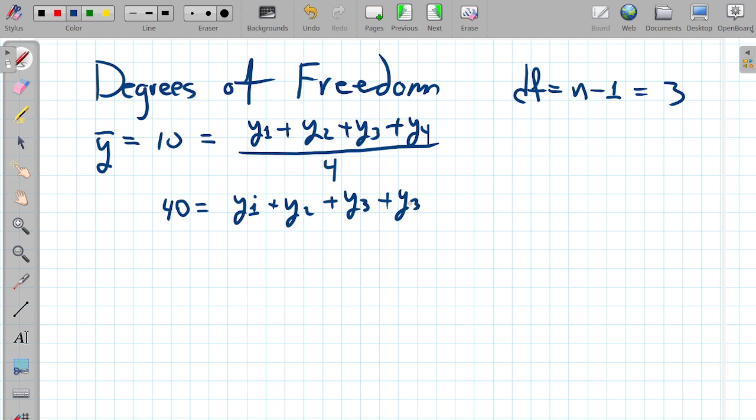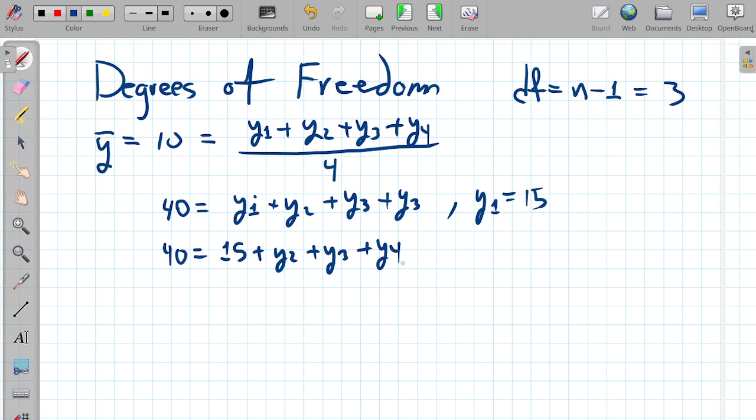Easy enough. Now let's let y sub 1, and it doesn't matter which y you choose, be 15. Okay, let's rewrite this. So now we have 40 is equal to 15 plus y sub 2, y sub 3, and y sub 4.